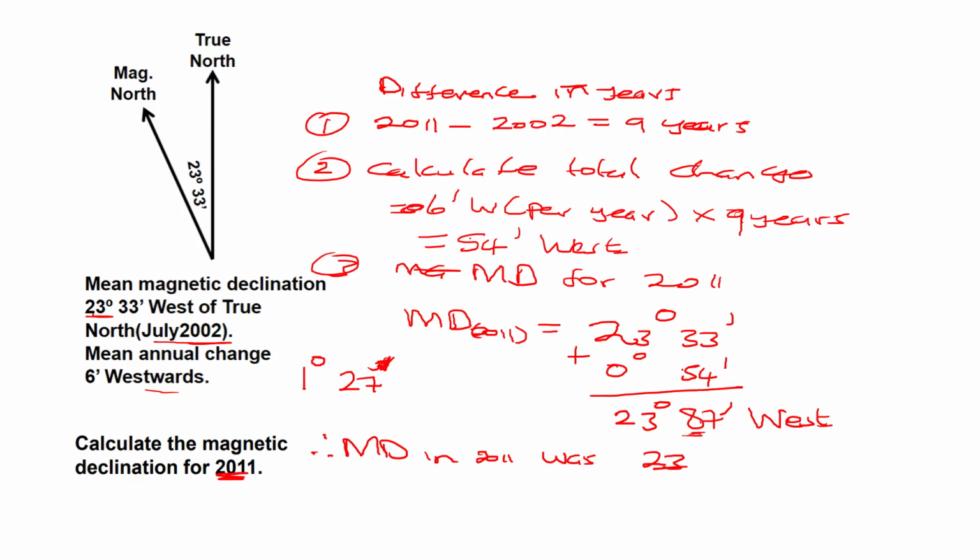That is this 87. So we take that 1 degree and add it to the 23. Then our magnetic declination in 2011 was 24 degrees 27 minutes. So please don't forget this trick of stealing a minute and then putting it there.